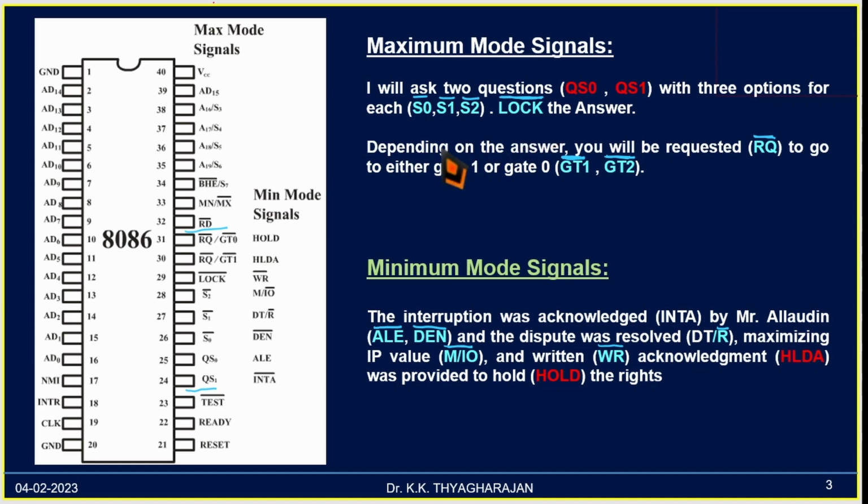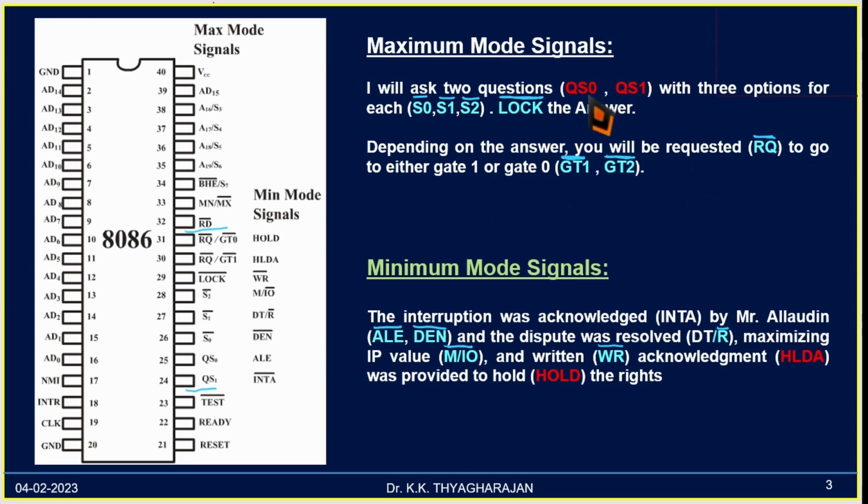Just observe it. To remember QS1 and QS0 and S0, S1, S2, I am using these two sentences. I will ask two questions, QS0, QS1, with three options for each, S0, S1, S2. You have to log the answer. Depending on the answer, you will be requested to go to either gate 1 or gate 0.